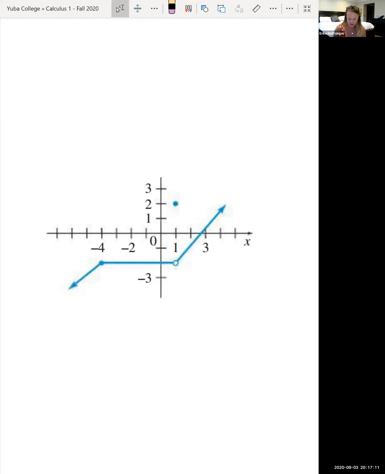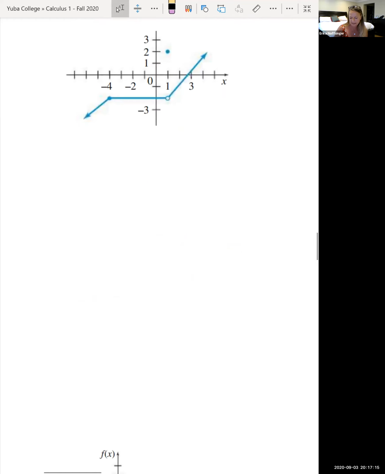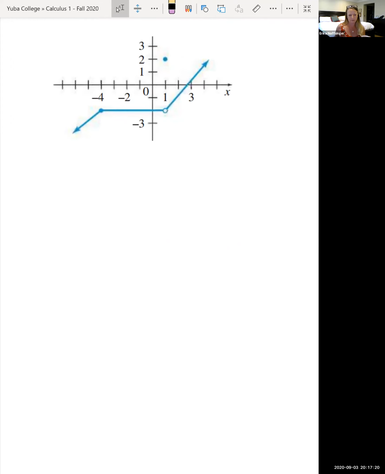So here's another graph. And so looking at this graph, where is that discontinuous, if anywhere? You cut out a little bit, but I think you probably said the right thing. -2? So at x equals -2?